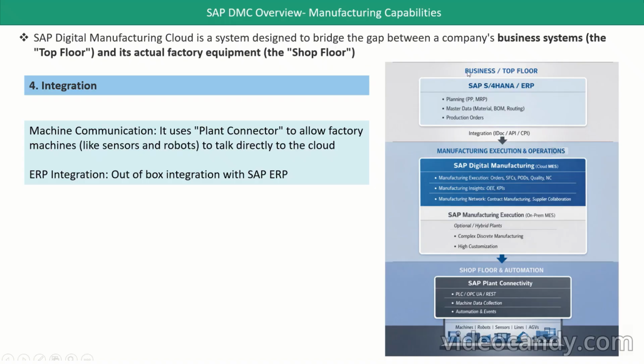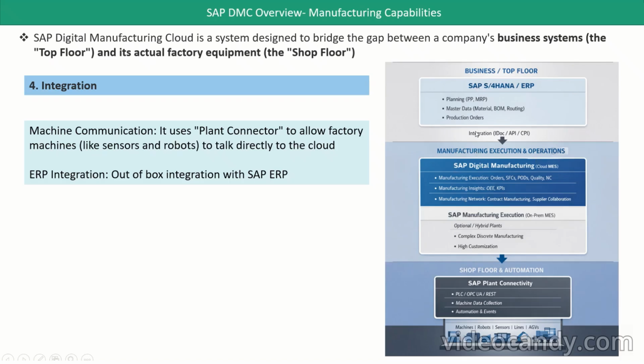And the integration with the ERP system. With ERP integration, we can transfer all the master data as well as transactional data, like production order, process order or planned order, whose execution will be performed in SAP Digital Manufacturing on cloud.